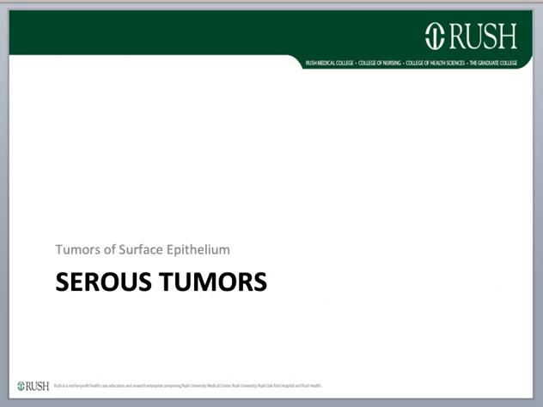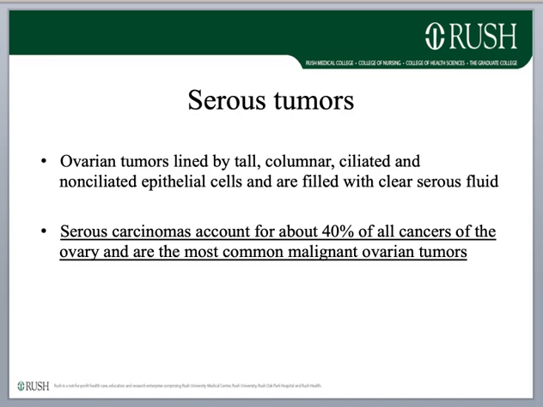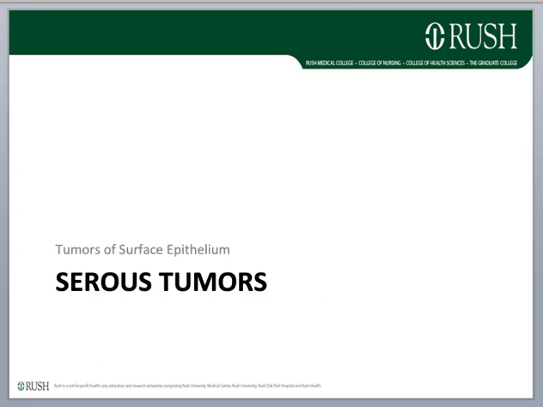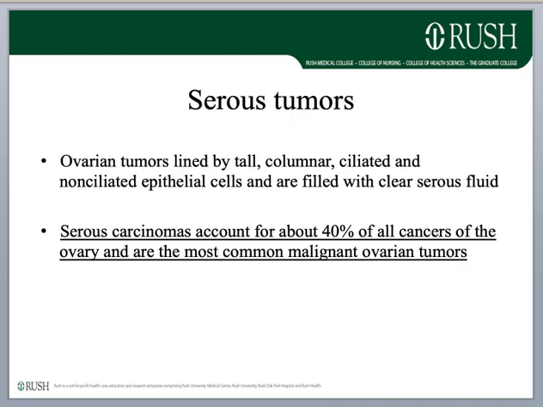I'll start off with the most common tumors of surface epithelium, and these are serous tumors. So serous ovarian tumors are lined by tall, columnar, ciliated cells and non-ciliated epithelial cells, and are filled with clear serous fluid.